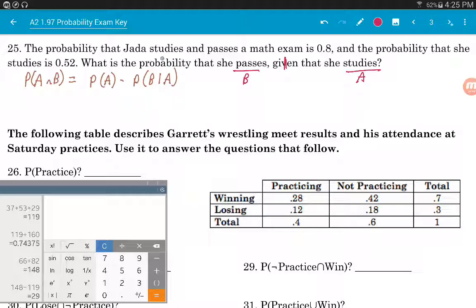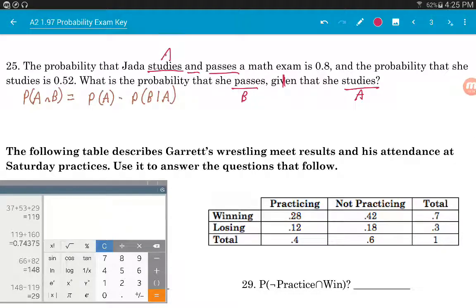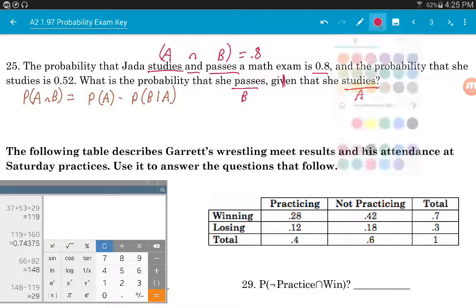So when we talk about her studying and passing, studying is A and passing is B, and the probability of A and B is 0.8. The probability that she studies, which was A, is 0.52.